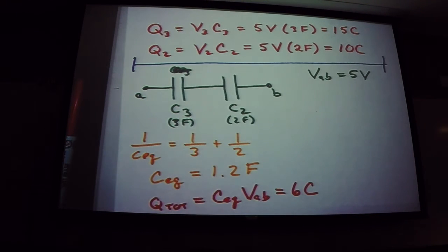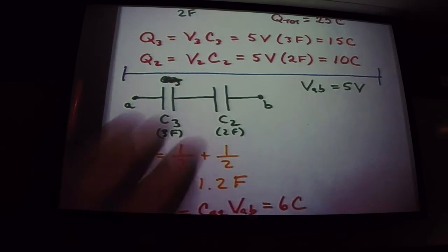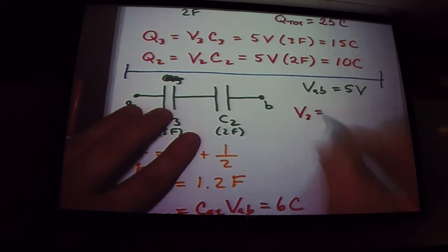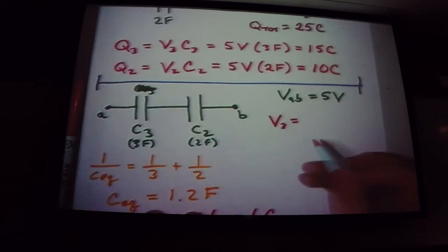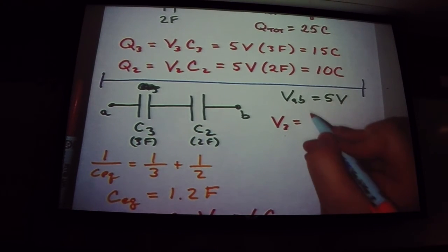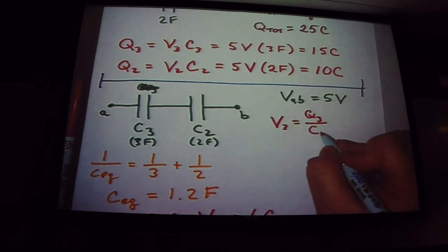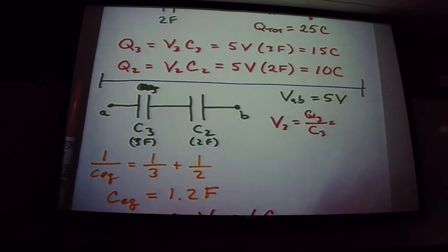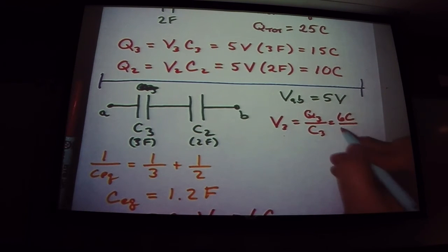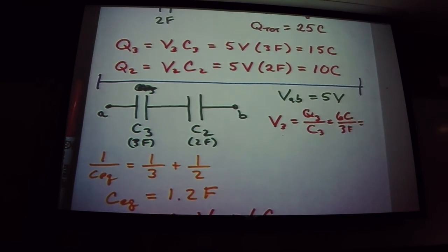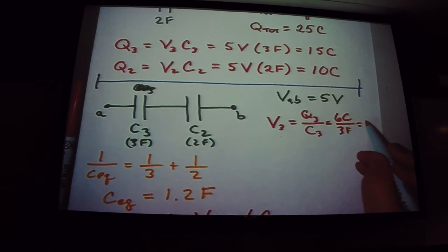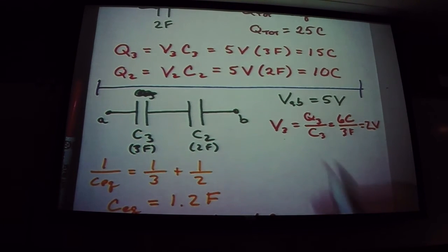So we can now calculate the voltage across each capacitor. The voltage across a 3 farad capacitor is equal to the charge on that capacitor divided by the capacitance, which in this case is 6 coulombs divided by 3 farads, which is equal to 2 volts.